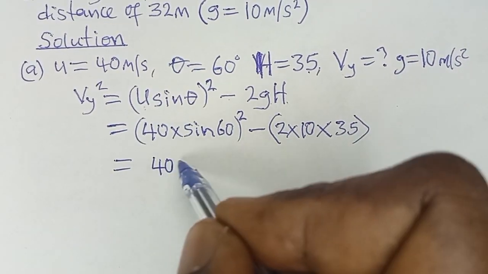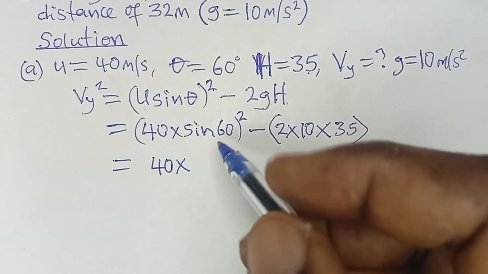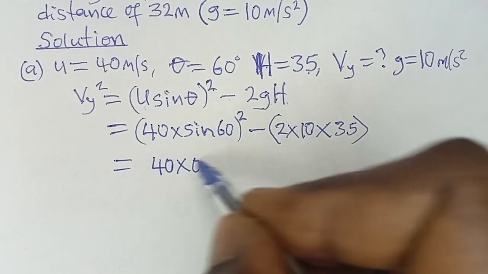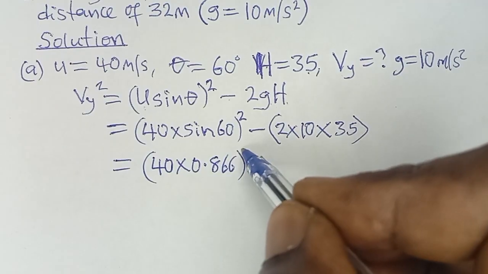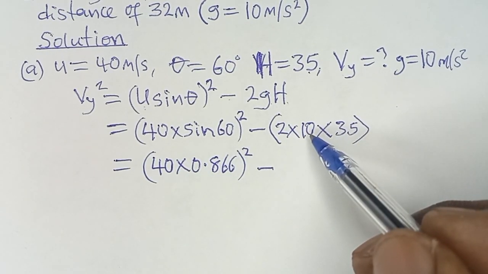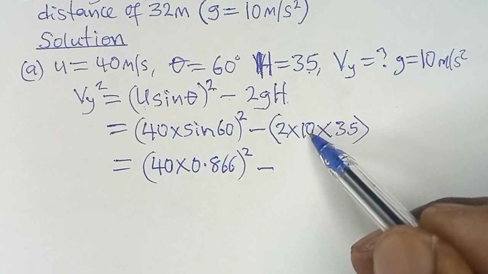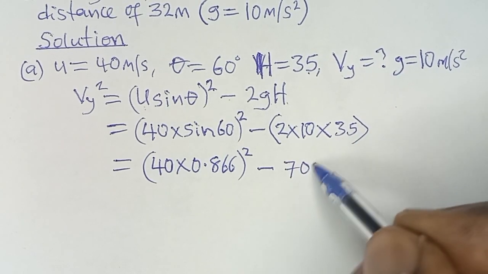If we walk further, we have 40 times the sine of 60 degrees, which is 0.866, all squared, minus 2 times 10, which is 20, multiplied by 35, which will give us 700.